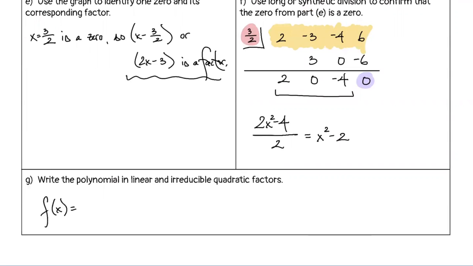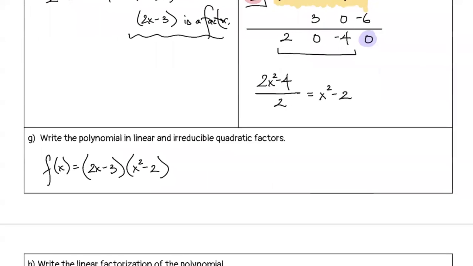So let's pause for a moment, see what we found out so far. We found out that one of the factors of f of x is 2x minus 3. The other factor is x squared minus 2.